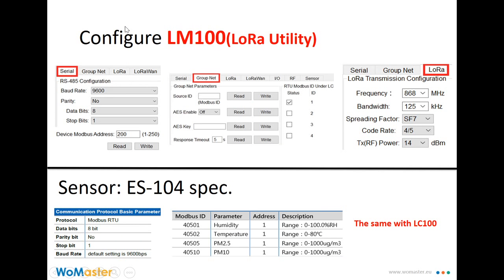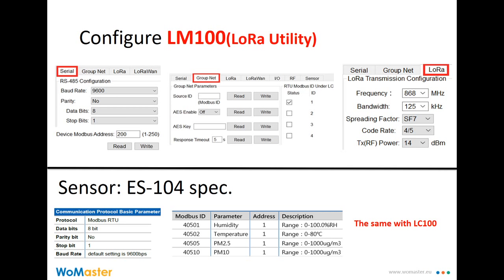Okay, after you use the USB cable to connect your computer and the LM, LR, and reboot the LM and LR to go into the editor mode, then you open the LoRa utility.